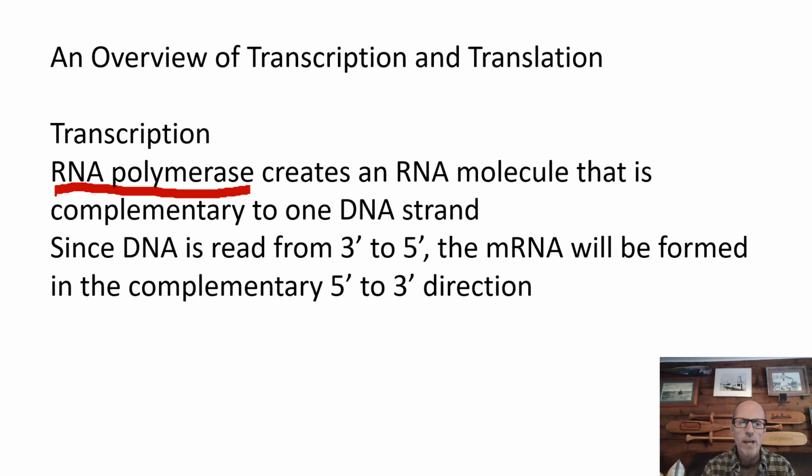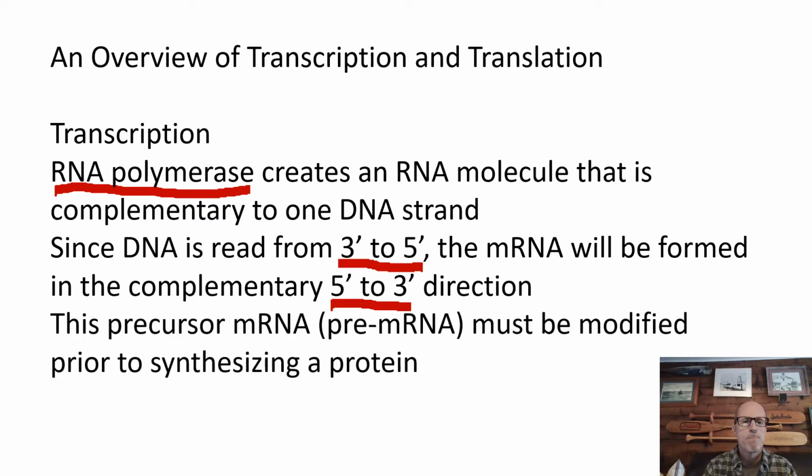Since DNA is read from the 3' to the 5' direction, the messenger RNA is always formed in the 5' to 3' direction. Very much like DNA when it was replicated, if you recall. The daughter strands are always produced from 5' to 3'. RNA is no different. The precursor mRNA, which is sort of unmodified, has to be changed a little bit before it's able to make protein. And we'll talk about this in more detail in a future lesson.